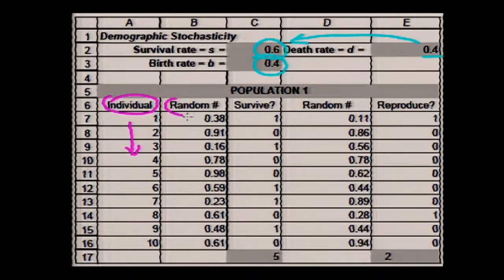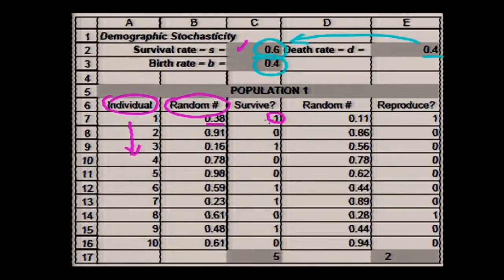And we've asked the computer to draw a random value between 0 and 1. If that random value falls between 0 and 0.6, which is our survival rate up here, we will call that individual a survivor, and we'll give it the value 1. The first random number selected is 0.38, which you can see here.